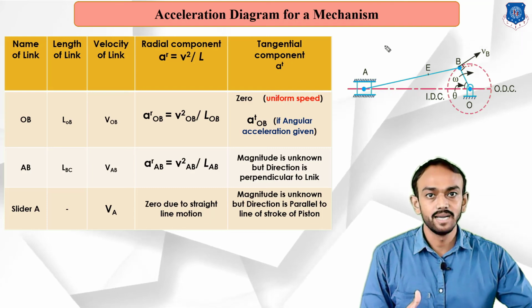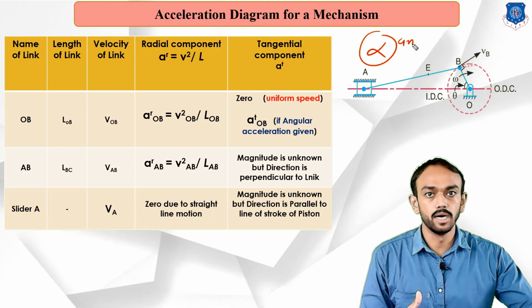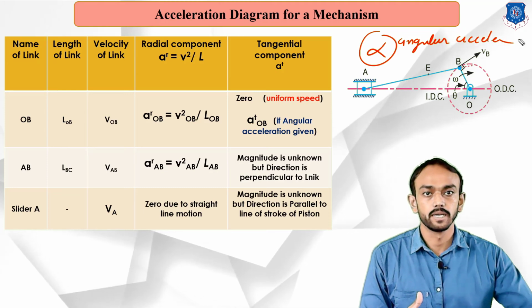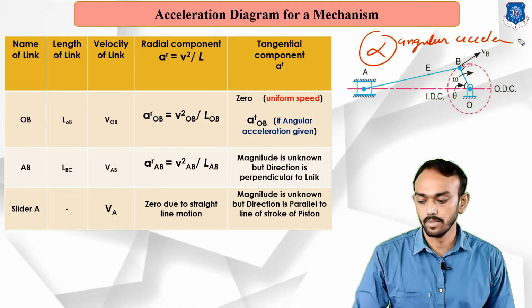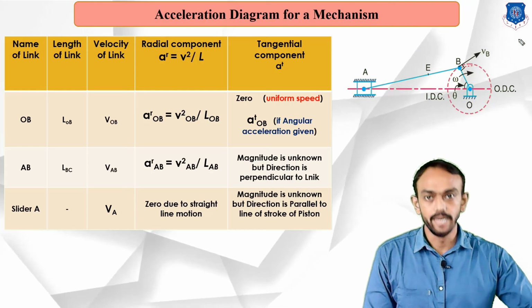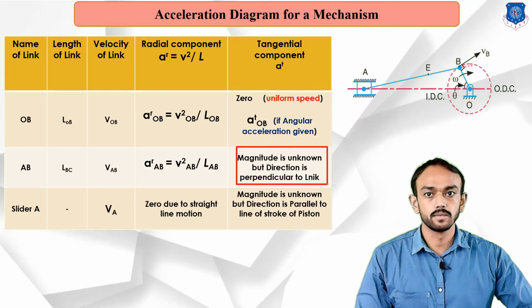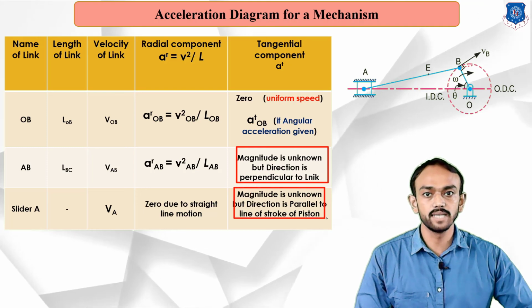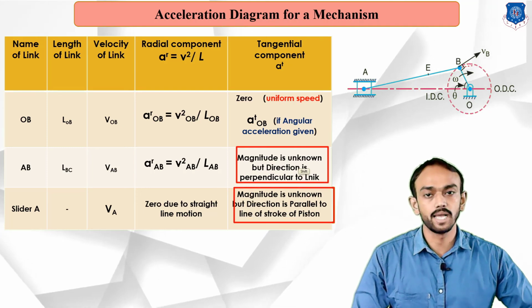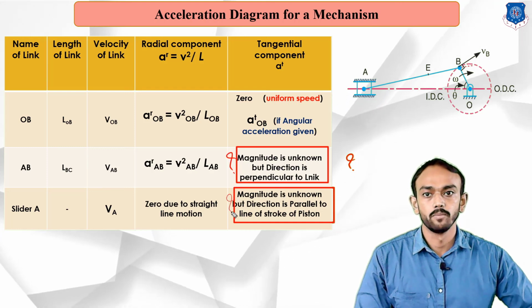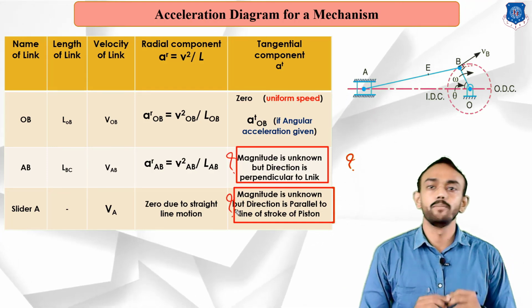Now these two cells will always be unknown, because we don't know the magnitude.